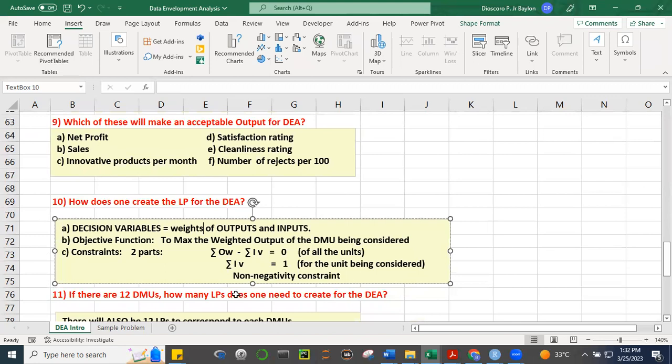The objective function will always be a maximization objective function. It will be to maximize the weighted output of the DMU being considered. We will impose the constraint that, as far as the DMU being considered as our objective for our linear program, the weighted input should be equal to 1.